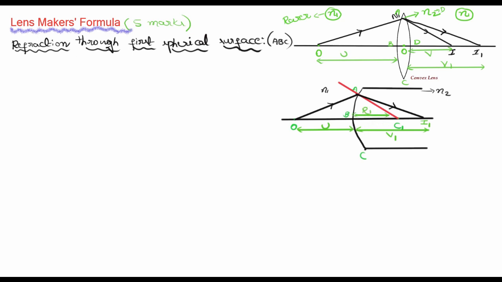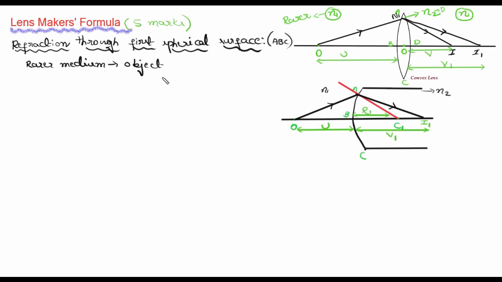In the previous session, we had discussed refraction through a spherical surface, the case when the object is in the rarer medium and the image formed is in the denser medium.